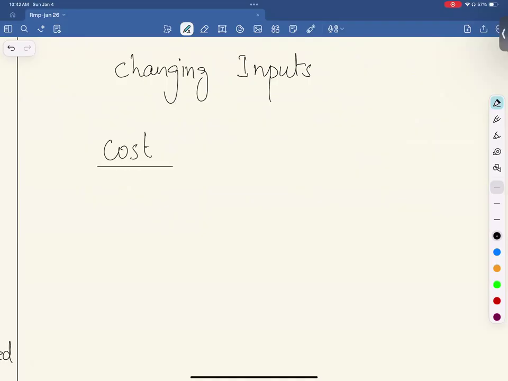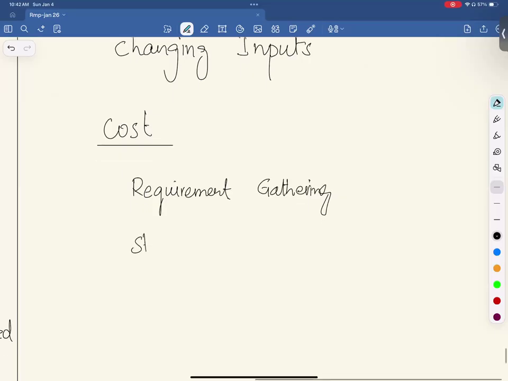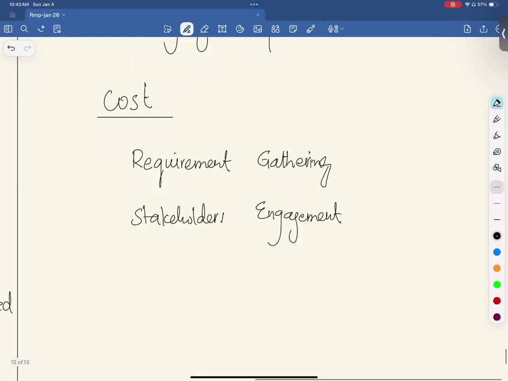For example, it depends on requirement gathering, how effectively you gather requirements. It depends on stakeholders' engagement. It depends on team motivation. So you can write these factors.